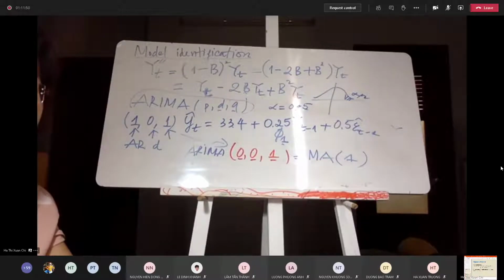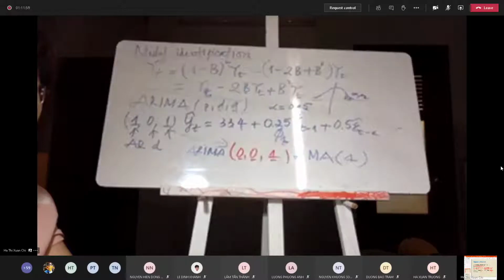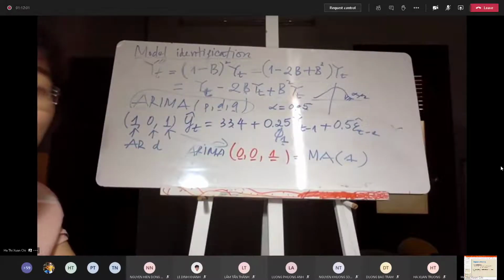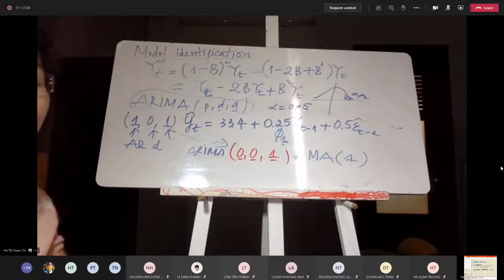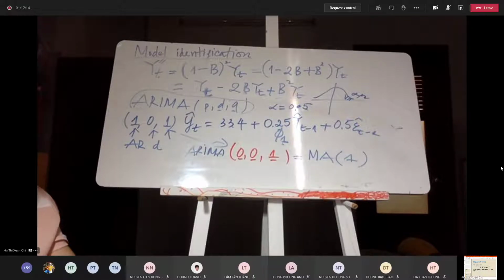This suggests how the model can be improved. If you want to check the adequacy, you remember the Portmanteau test, which I already introduced to you.